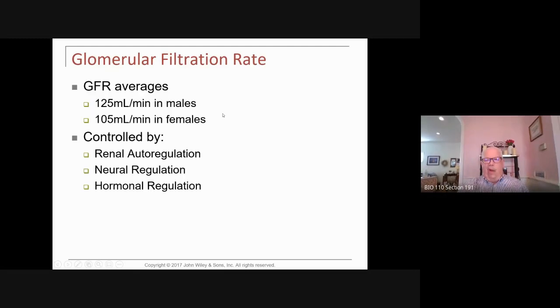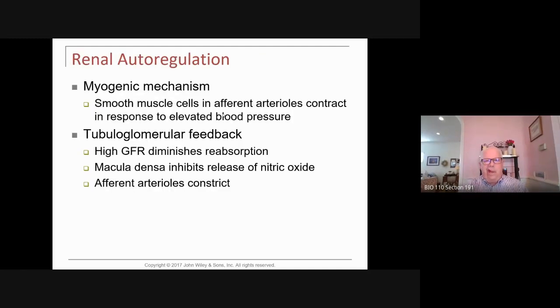But what you have to know about the glomerular filtration rate is that it is controlled by three things. It is controlled by the kidneys themselves, by the nervous system, and by hormones. And we'll now talk about the control of glomerular filtration rate.